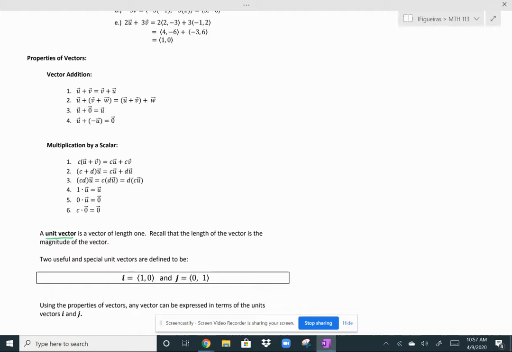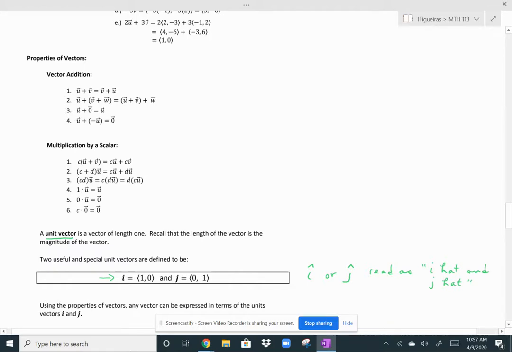We have vector I, which is usually represented with a bold-faced I, but it could also be written like this. And then vector J could also be written like this. These are read as I hat and J hat, because it looks kind of like they have a little hat on them.